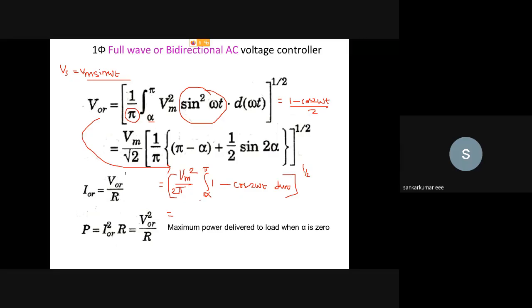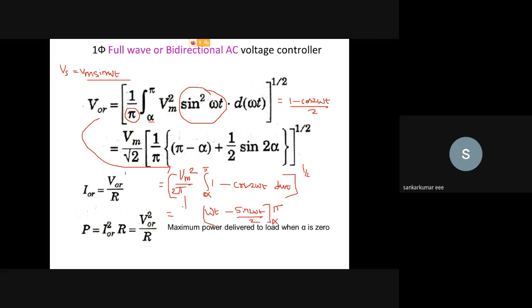The remaining terms will be the same, and if we integrate the 1 we get omega t, minus the integral of cos 2 omega t, which is sin 2 omega t by 2. If we integrate cos 2 omega t we get sin 2 omega t by 2, to the limit of alpha to pi.